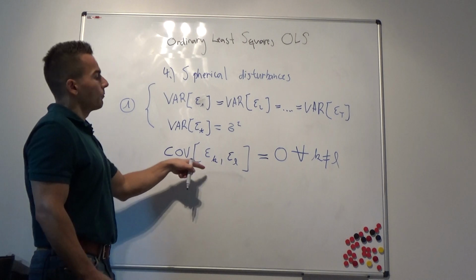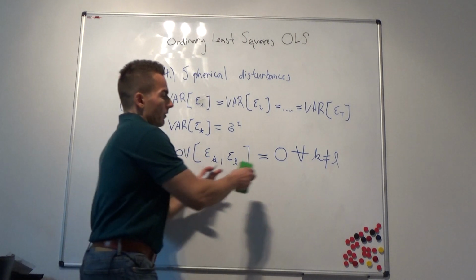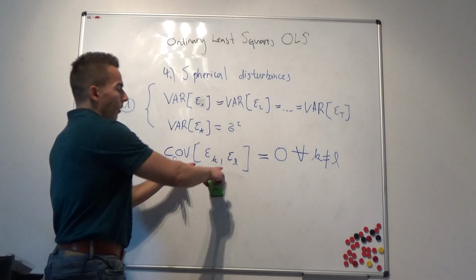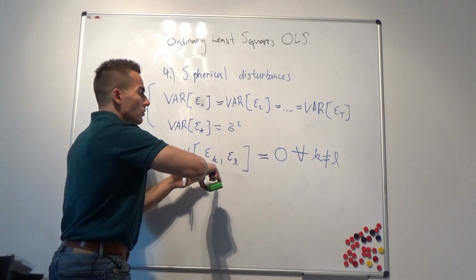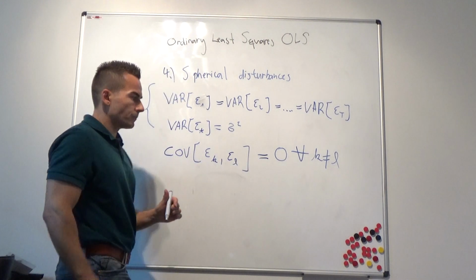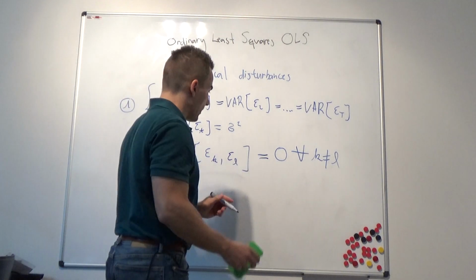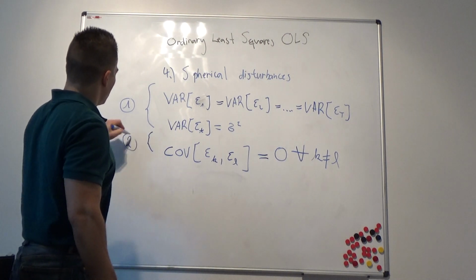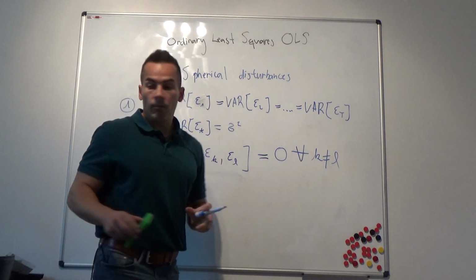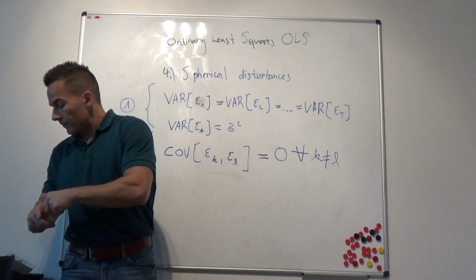And the covariance should be 0 between all of them. So there should be no correlation in the time dimension. That's our second issue. I will now give you some examples.